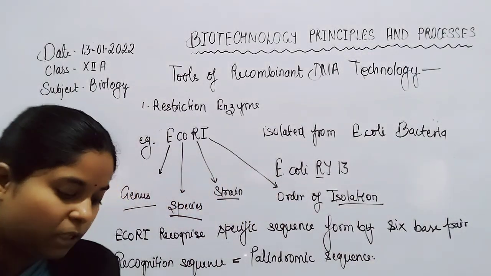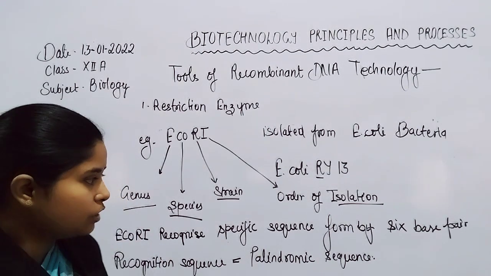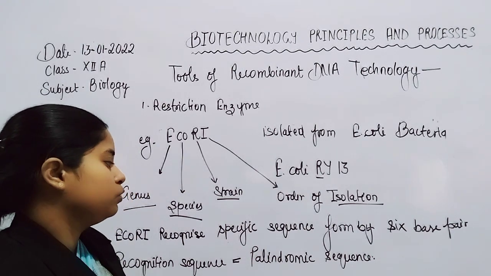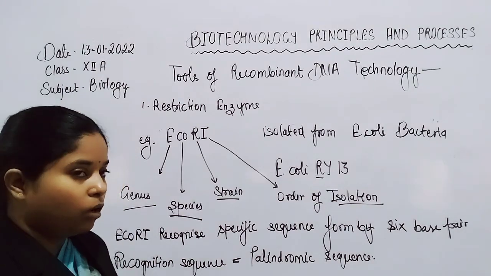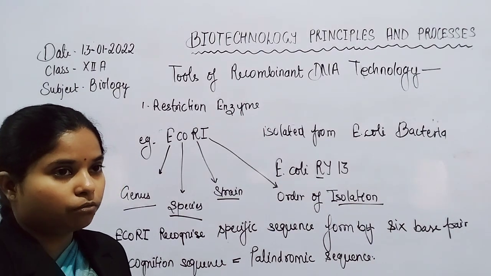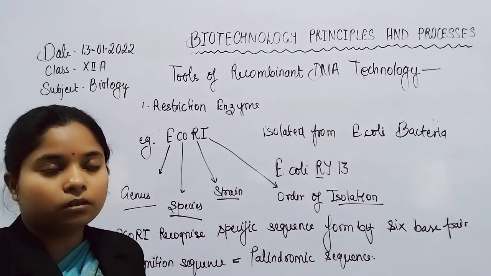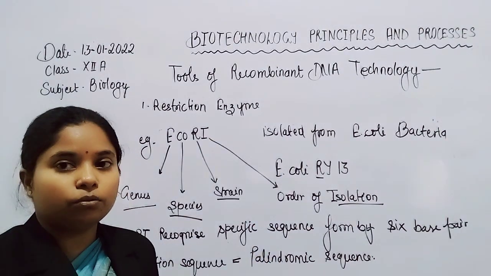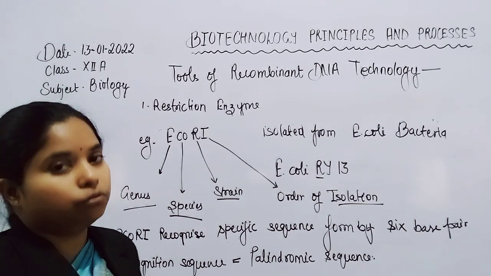What is a palindromic sequence? It is the sequence at which the restriction enzyme cuts the DNA to isolate the genetic material. When we read the recognition sequence from right to left, it is similar to when we read it from left to right.